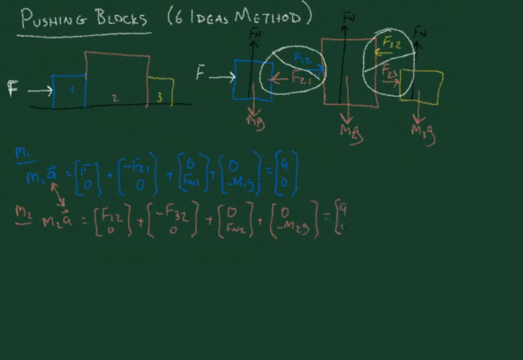This is also a0. And then finally m3. We'll have m3a, and again, same acceleration. We have an f23 in the x direction. We have a normal force in the y direction, and we have a minus a gravitational force.